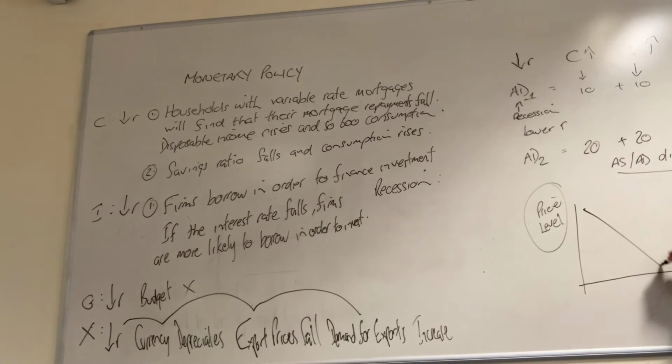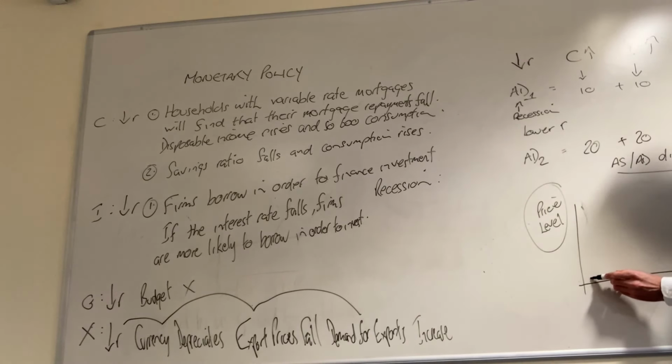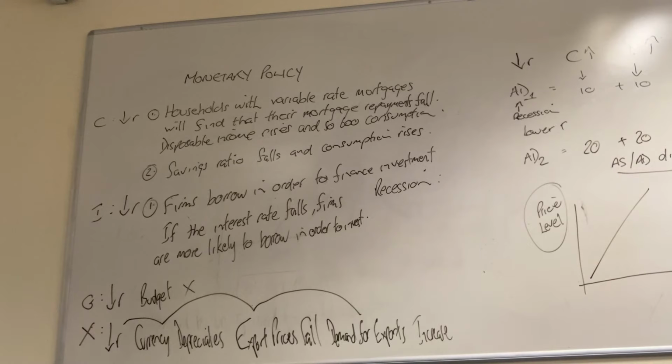Top left to bottom right? That's what you said, isn't it? Okay. Well, yes. So that's your micro supply. So that's a macro supply curve. They're exactly the same, except the label is different. So that's an AS curve.